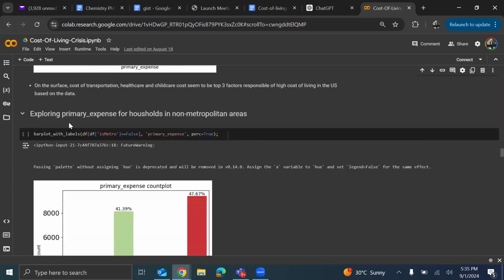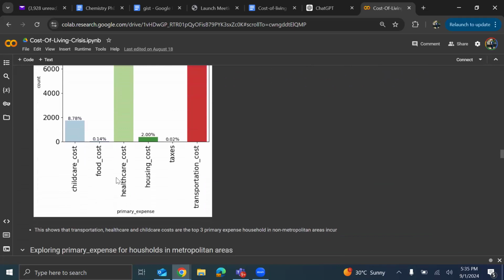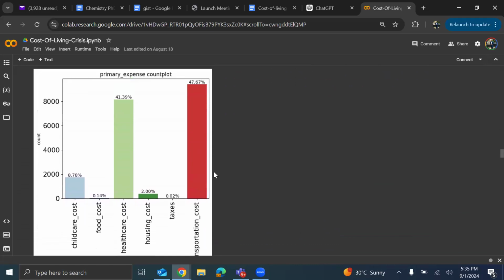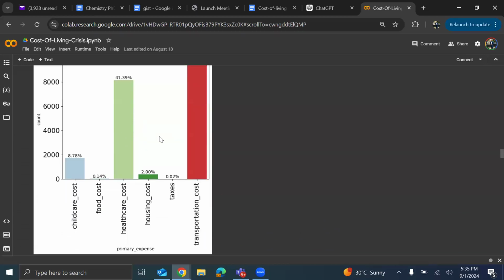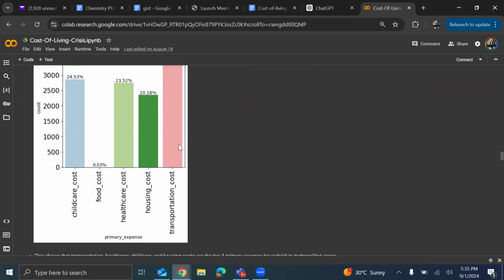And I'm saying, okay, I separated it. Non-metropolitan areas, what do we have? In non-metropolitan areas, we are seeing that healthcare costs and transportation costs are very high. And then you see that in metropolitan areas, they are now competing with each other.